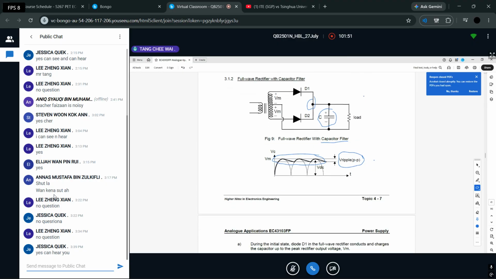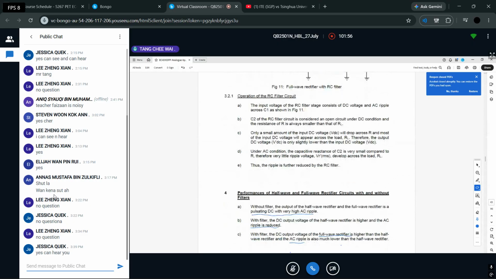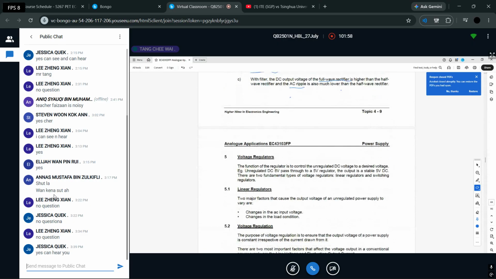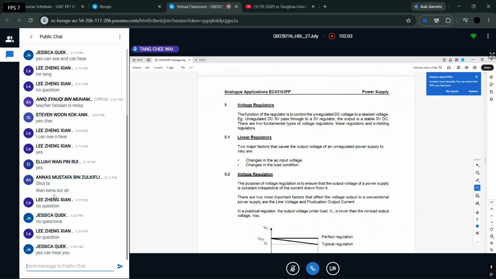We come back to here. The next one is almost the last part of the power supply. We talk about voltage regulation. Just now before I started, we also had a very quick understanding of voltage regulation. Basically, voltage regulation means keeping a voltage constant or stable at the output, which is very important in a power supply.